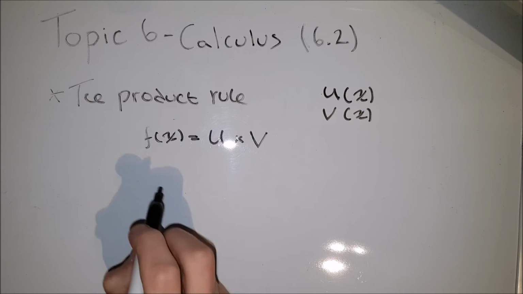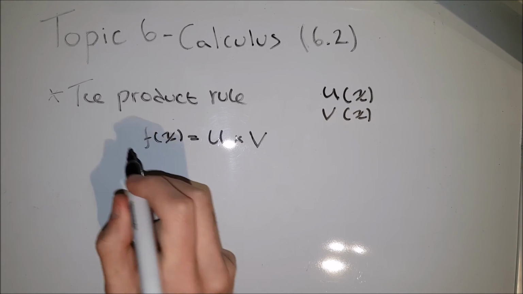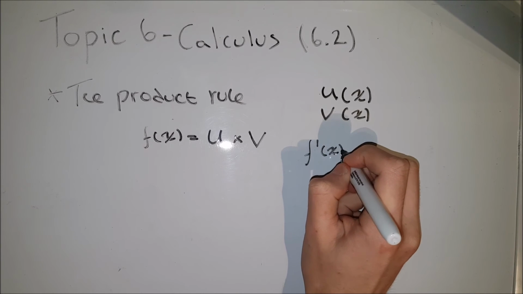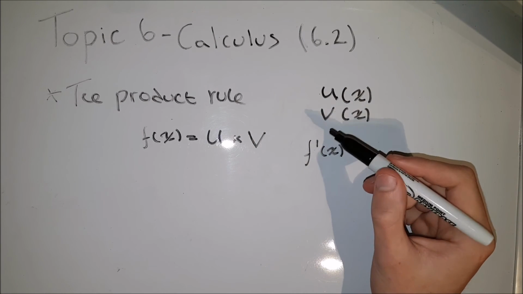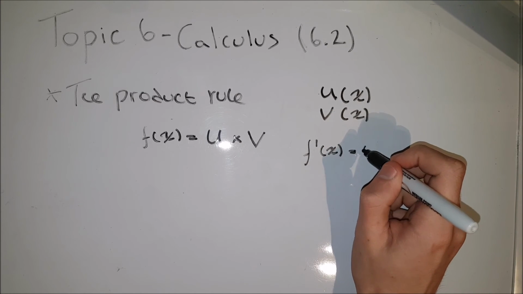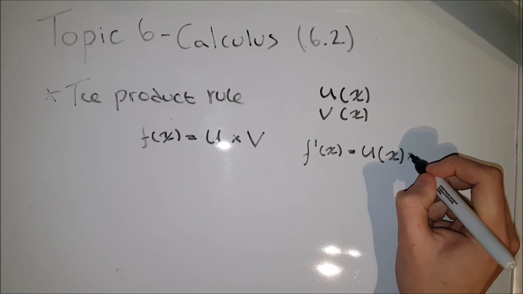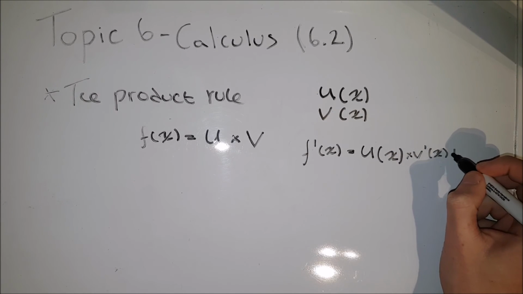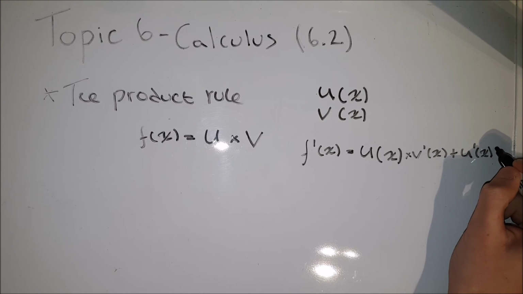If you want to find the derivative of this, we use the product rule, and the product rule just says: do each of them times the derivative of the other one.